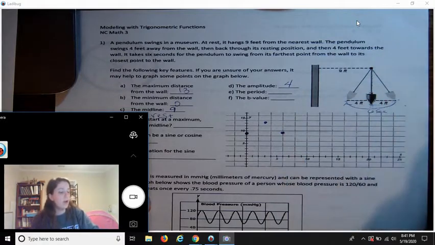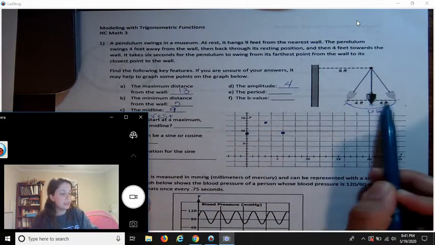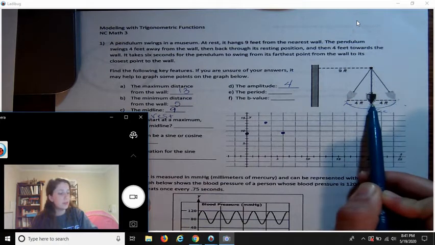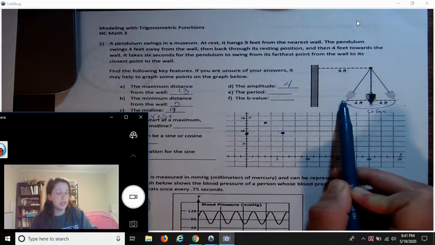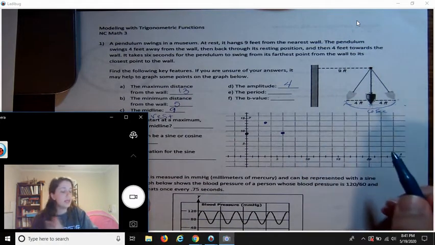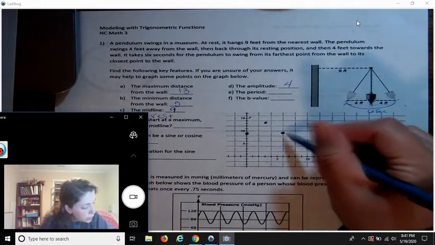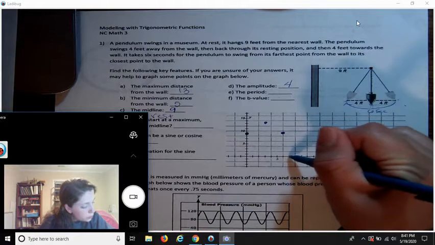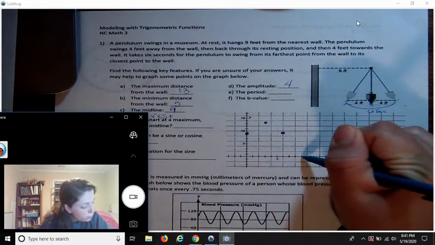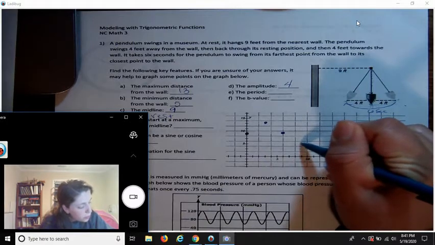Okay, so now it took me 3 seconds to go from here to there, 3 more seconds from there to there. And then we would want to keep going. Our closest point to the wall should be 5 feet away. So if I move 1, 2, 3 seconds more further to the right, and then scroll up to 5, I should put a point right here.